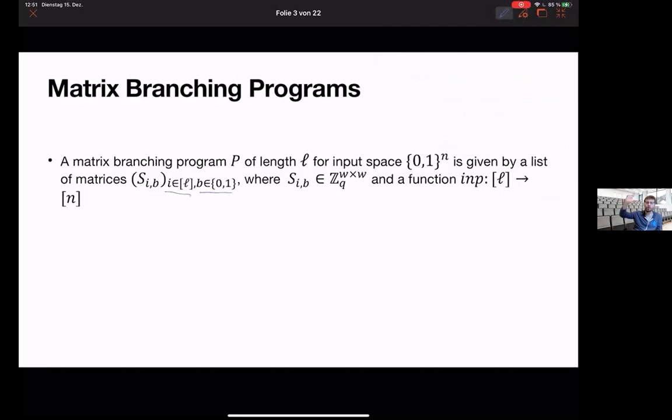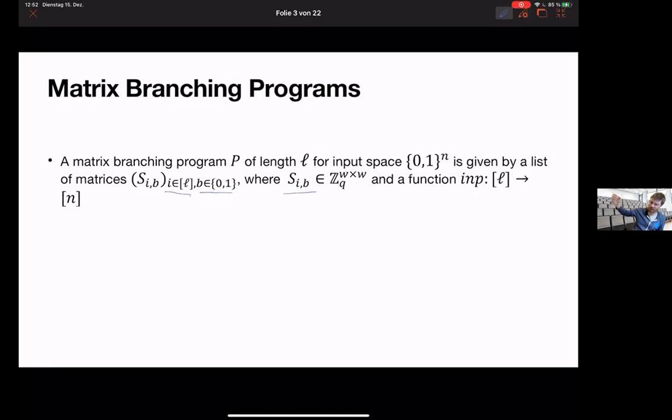So in the end, you have 2L matrices, where each of these matrices S_{i,b} is in Z_q^{w x w}. Q can be any integer, but it's probably easiest to think of it as a prime, small or large, it can in fact be anything, and w is probably just a constant-size integer, something like 7, 8, 9. Don't think of w as big. That's the first part, these 2L matrices.